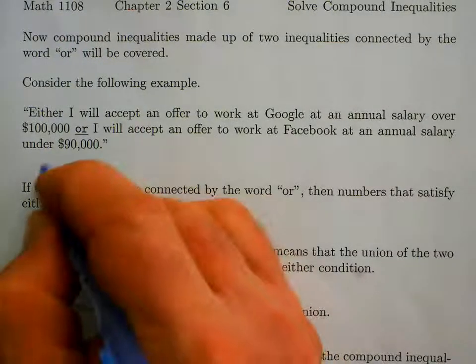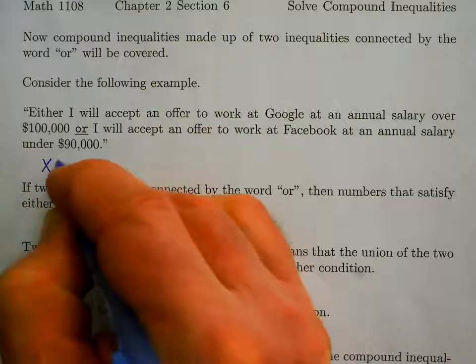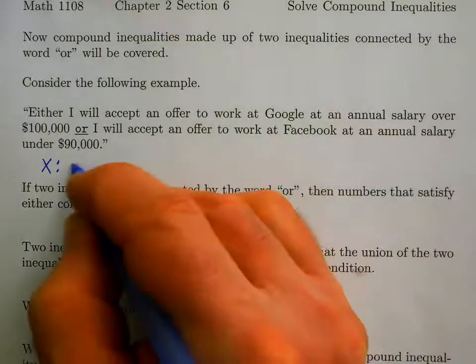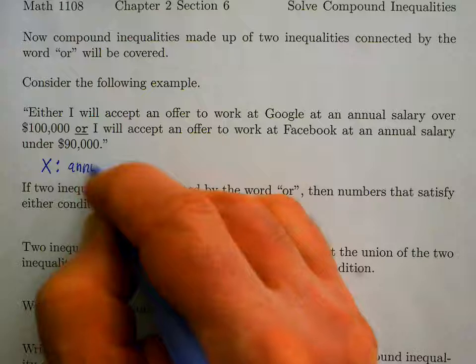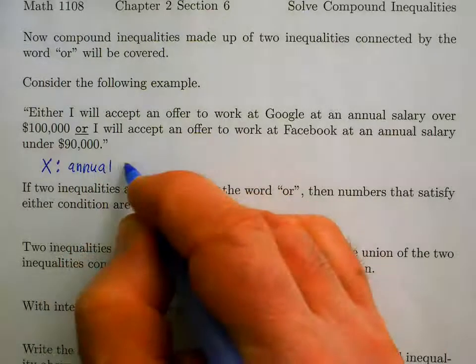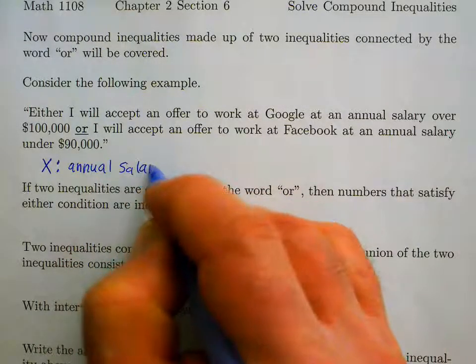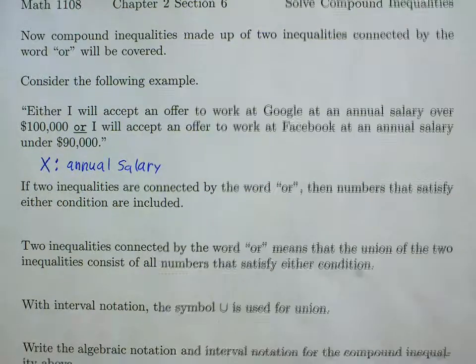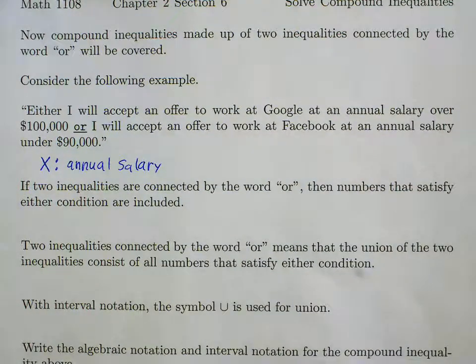If we assign a variable like x to be the annual salary for this person, the person is deciding between one of two jobs.